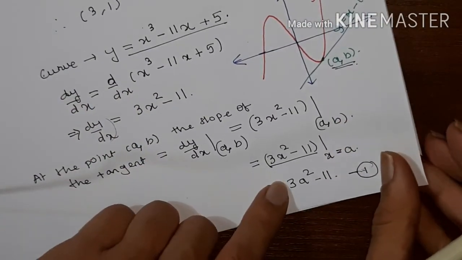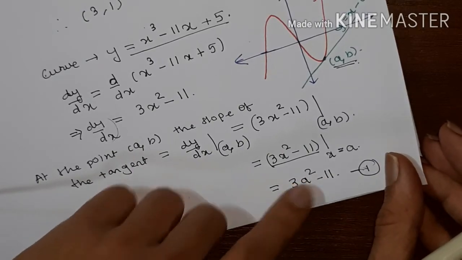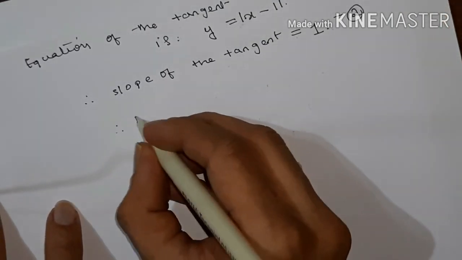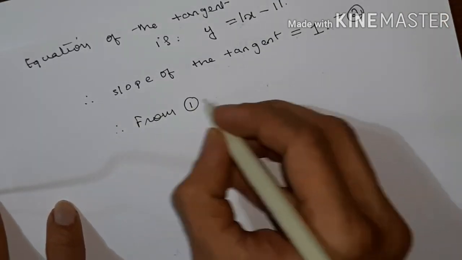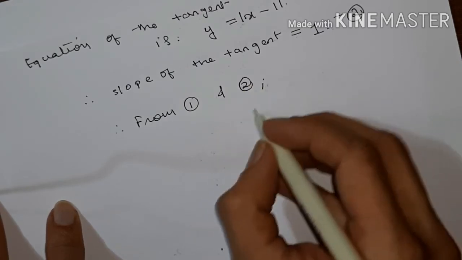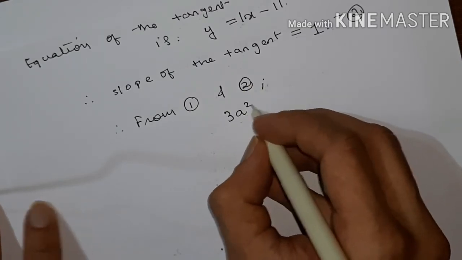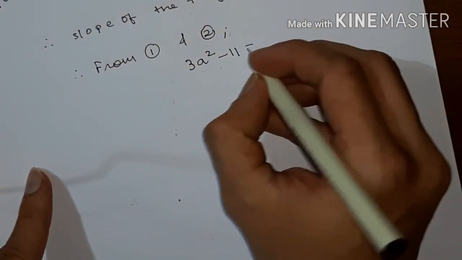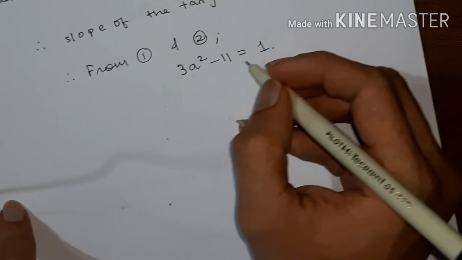From this you found that the slope was 3a square minus 11, and from this you found that the slope is 1. So from 1 and 2, 3a square minus 11 is equal to 1, since both slopes are equal.